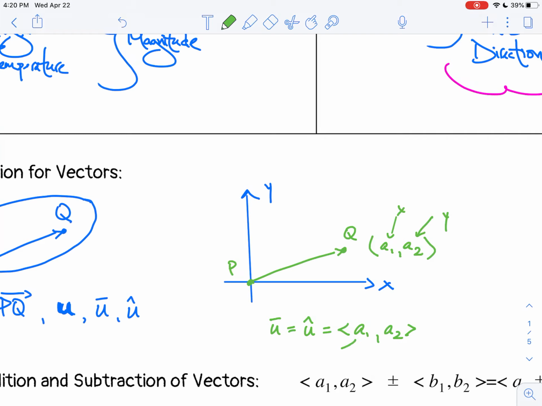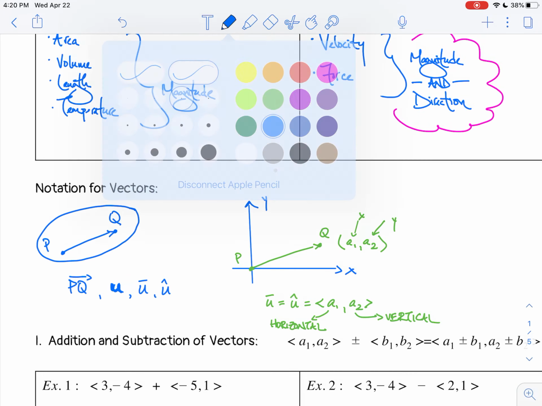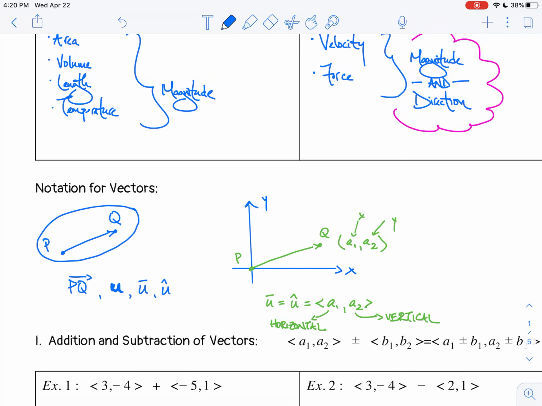And what A1 tells us is the horizontal distance, and A2 tells us about the vertical distance. And together they tell you how long the whole vector is. All right, so that's some notation that we're going to come back and use frequently. So it's just good to know what folks mean when they use different symbols.